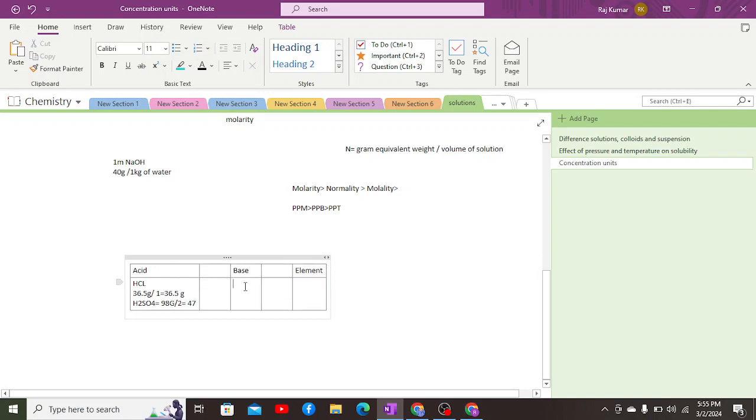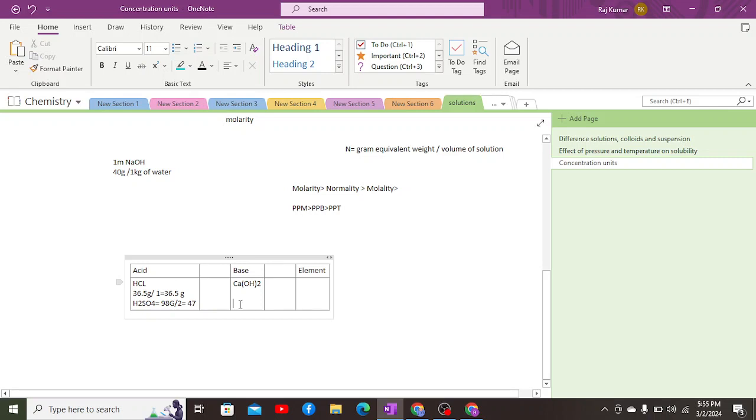After that, if we consider a base, it has the same condition: molar mass divided by the number of OH ions. So calcium hydroxide, Ca(OH)2, divided by 2, as there are 2 OH ions.